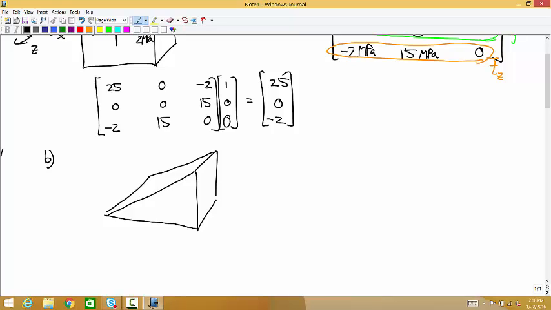That's not too bad. So in a coordinate system like this, we want to know what the traction vector is on this face. Okay, that's part B.